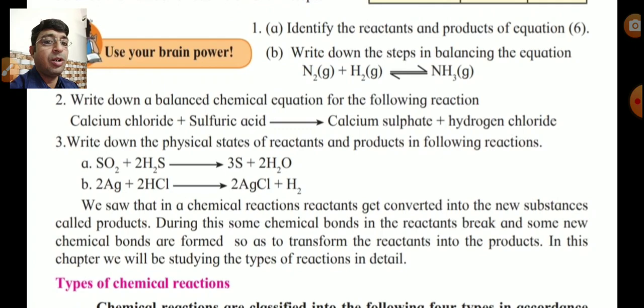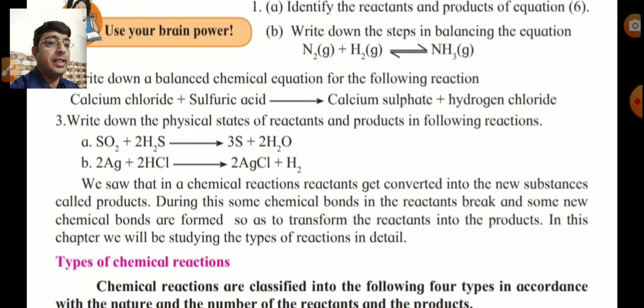So we saw that in a chemical reaction, reactants get converted into new substances called products. That is the definition of product given. Underline that. In a chemical reaction, reactants get converted into new substances called products.